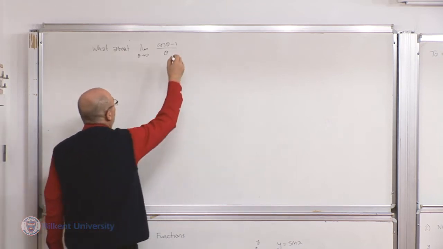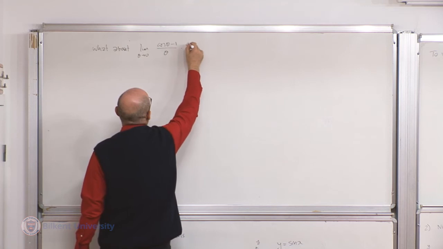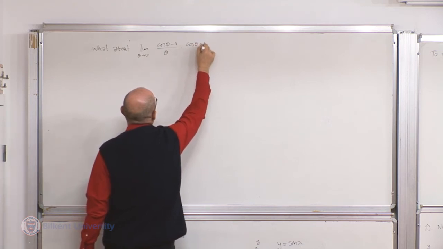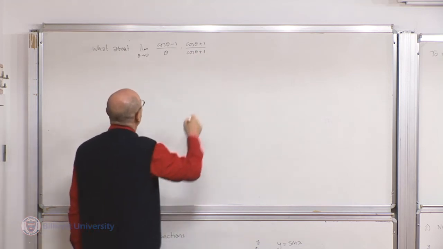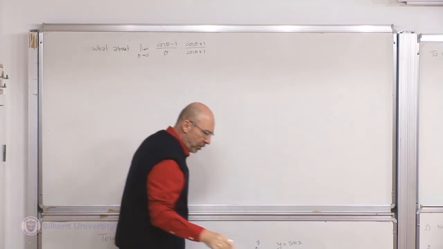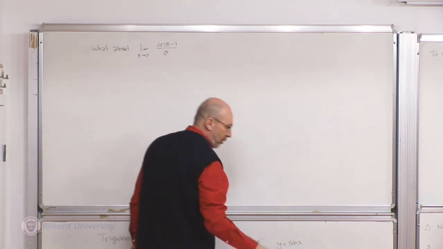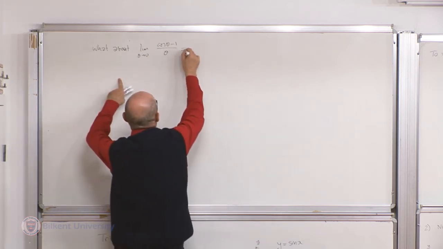Okay, so if nothing comes to mind, you multiply by cosine theta plus 1 over cosine theta plus 1. Let me do this in the next step so that we know what we are trying to calculate. So let's check.